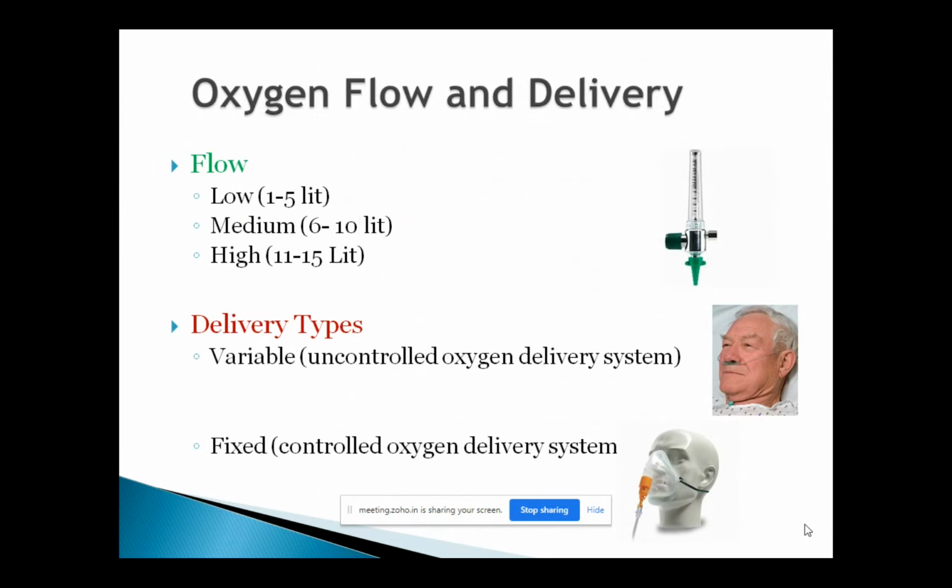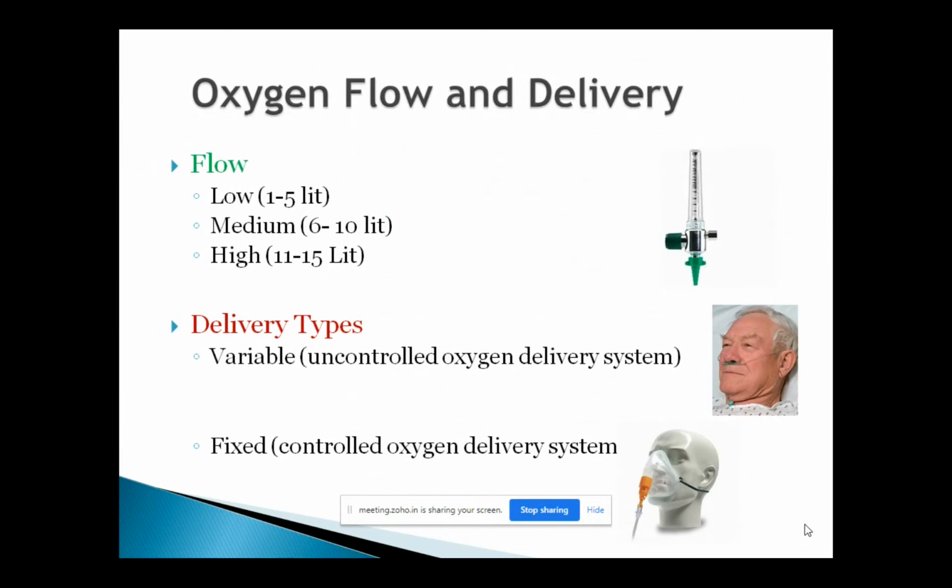There are different flow meters available which can give up to 30 liters, but they are not commonly used in hospitals, only in very specific areas. If you walk into any intensive care unit in India, the USA or the UK, the flow meters you will see go up to 15 liters.